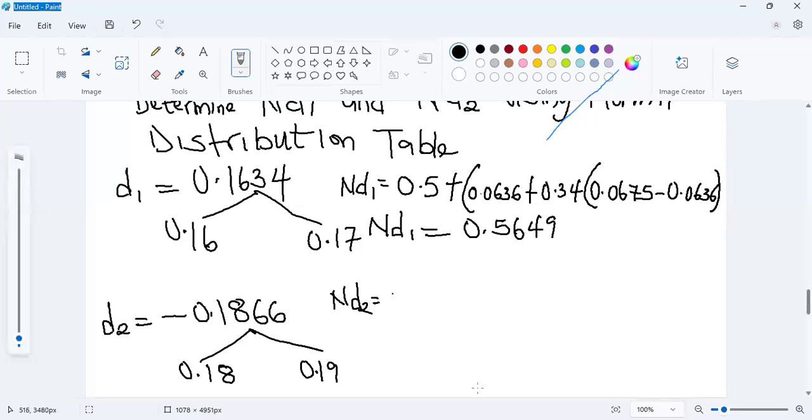So you are going to start with 0.5 minus, now open a bracket. Go and check the lower range. 0.1 trace to 8.